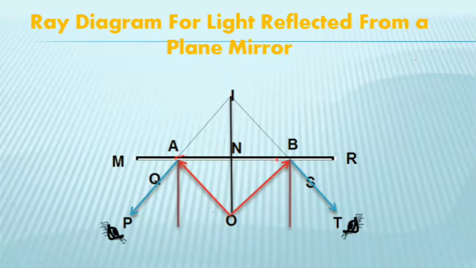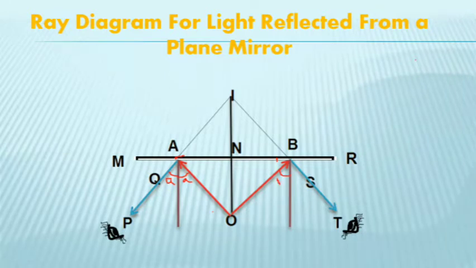This is called angle A, which is the incident angle, and this is the angle of reflection. Both are the same angles. Likewise, here measure the angle with a protractor.